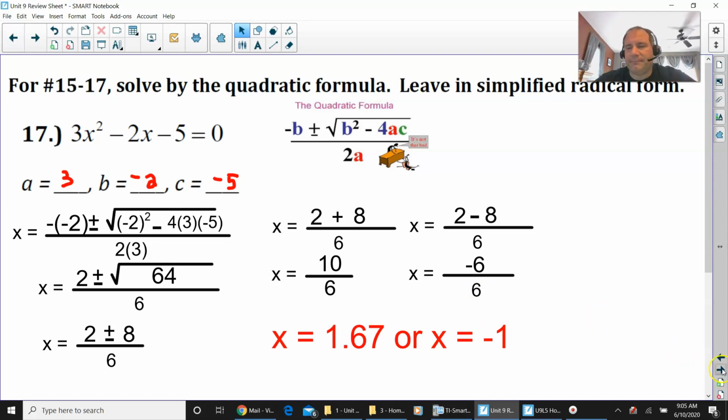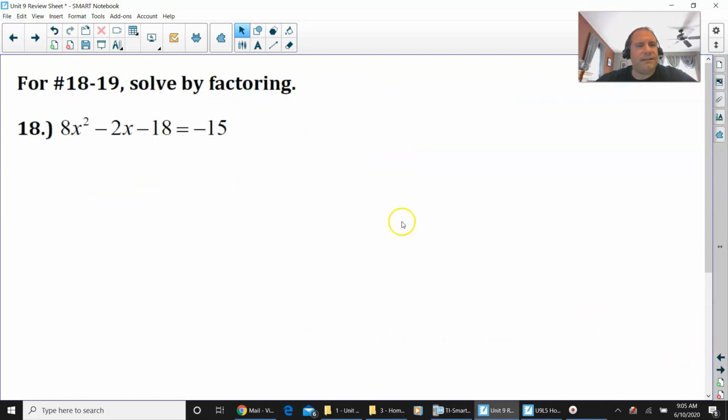All right. Going on to 18, solve by factoring. All right, so we're going to move away from the quadratic formula for a second. So the first thing that you do, remember, you do have to get this equal to 0. It must be equal to 0.